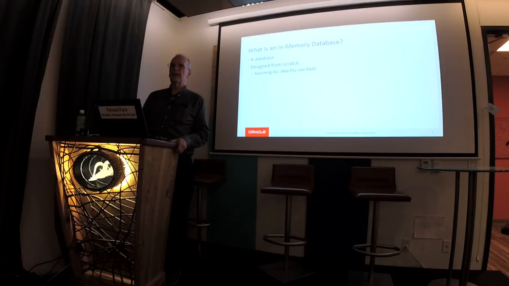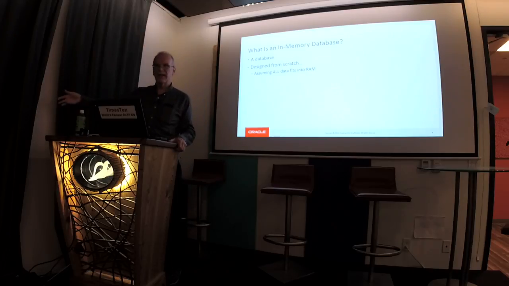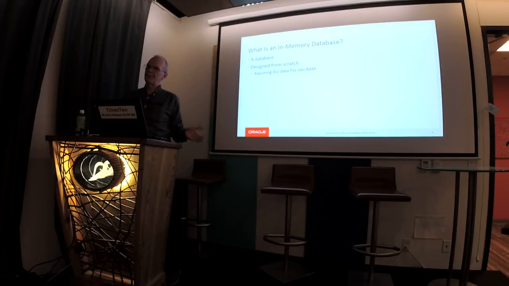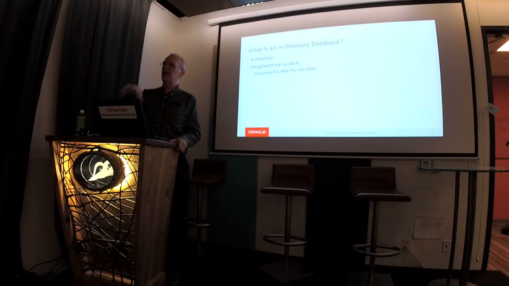There are databases that are called memory-centric databases or hybrid databases, where maybe not all the data has to fit into memory. By my cranky biased set of definitions, those aren't in-memory databases. An in-memory database is one where all the data fits in RAM, and they've designed all the algorithms assuming that. And as you'll see, that makes a huge difference.